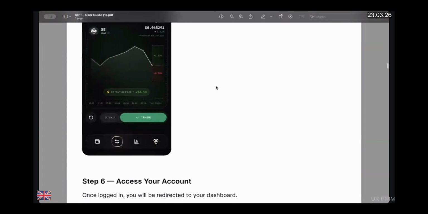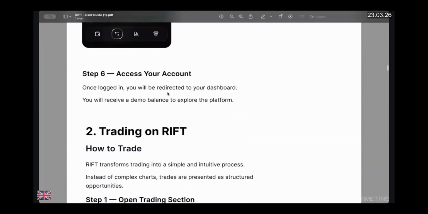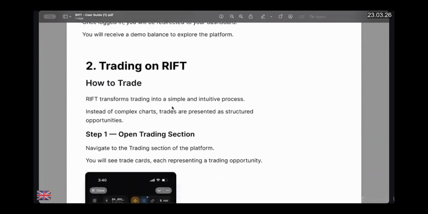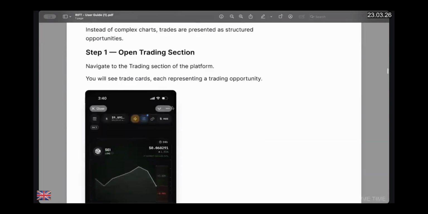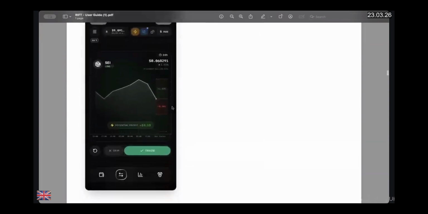Okay. So once you have access to your account, the first question that comes to us is how to trade on Rift. How you trade on Rift is a very simple process.